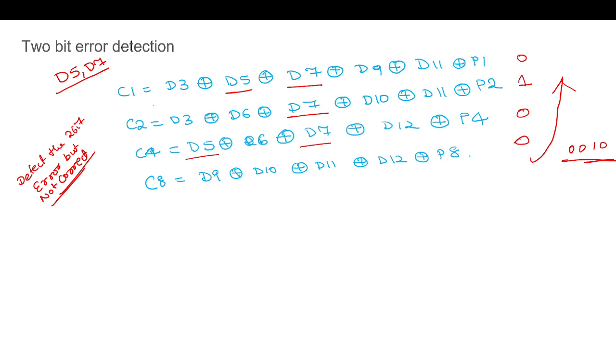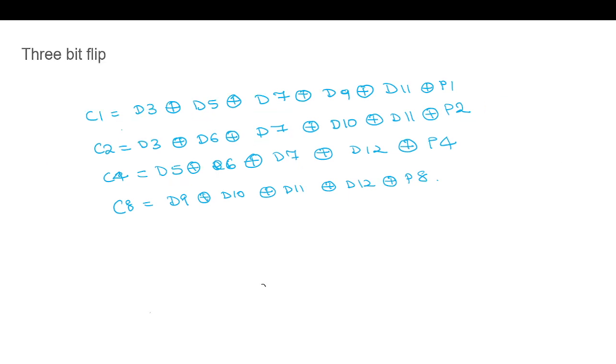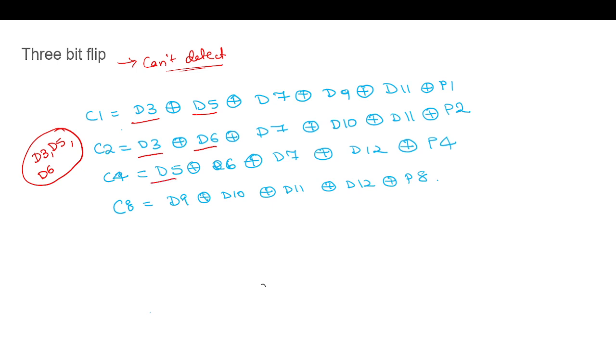In the same way, if we have 3-bit error, we say that we cannot detect it. If we consider 3-bit flips, say D3, D5 and D6 are having error, then again this XOR will be 0, this XOR 0, this XOR 0, this XOR 0.